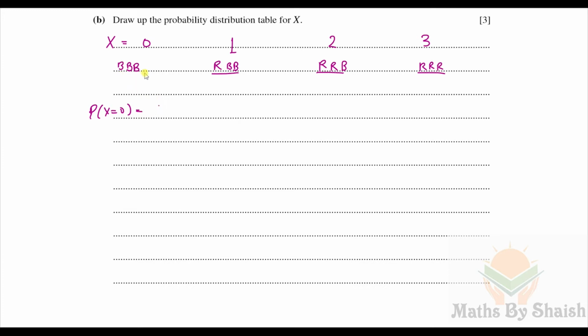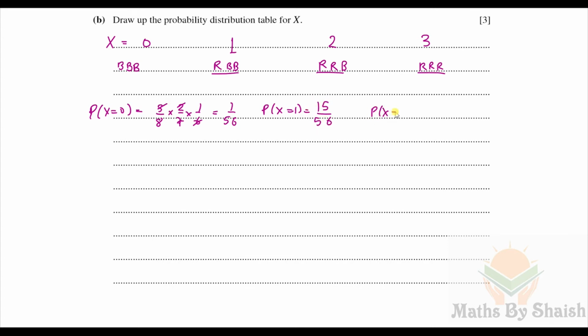There were three blue balls, 3 by 8 into 2 by 7 into 1 by 6, which is, 6 cancels, 1 by 56. And for probability of X equal to 1, we have already calculated in the previous part, that is 15 over 56.